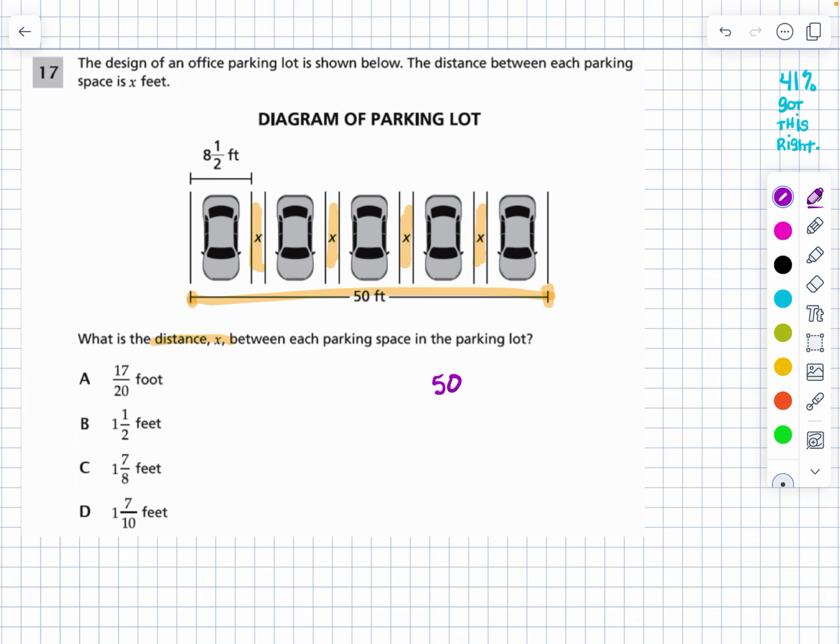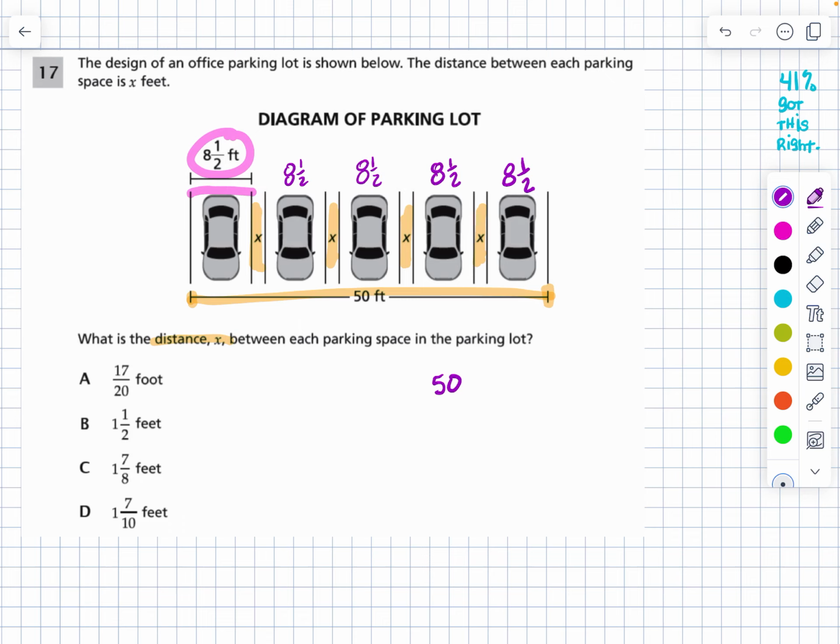And it's also telling us that each of the parking spaces is 8.5 feet. So this one will be 8.5, 8.5.